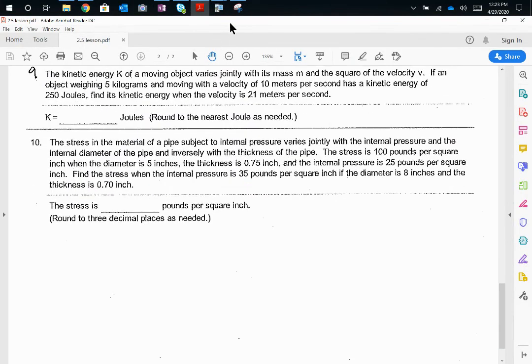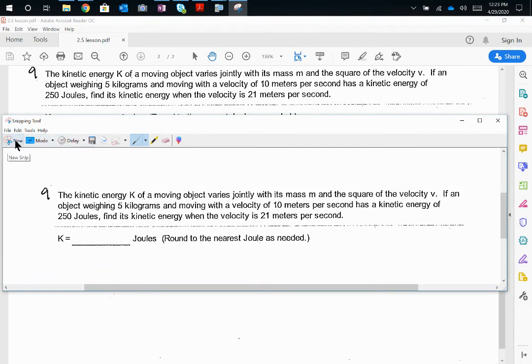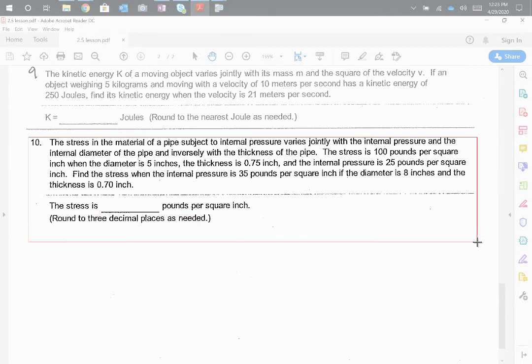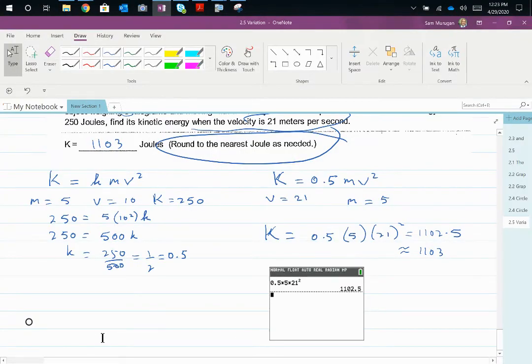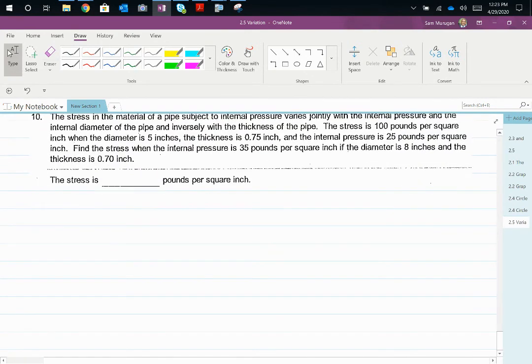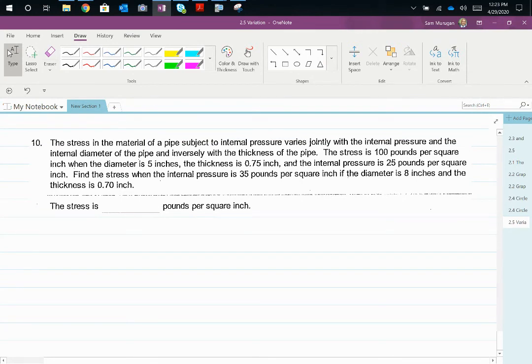All right, one final problem. This is a question about pipes. The stress in the material of a pipe subject to internal pressure varies jointly with the internal pressure and the internal diameter of the pipe, and inversely with the thickness of the pipe.